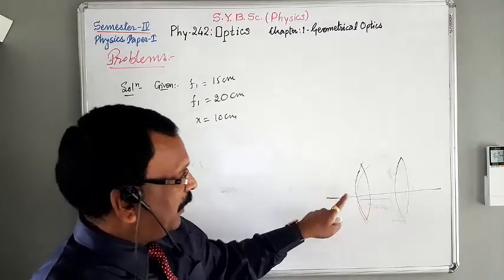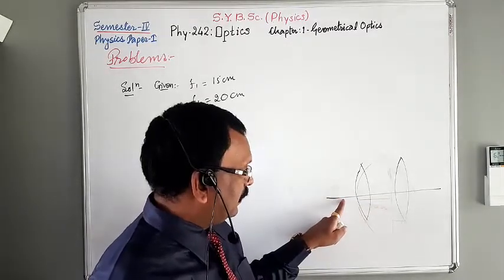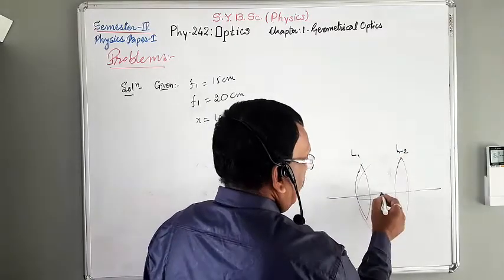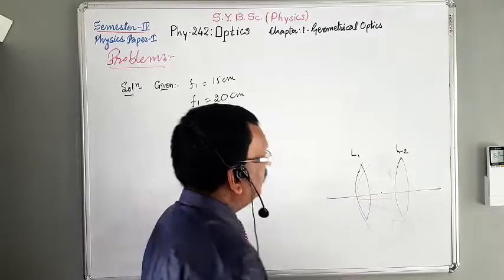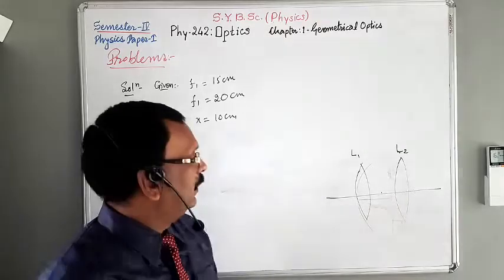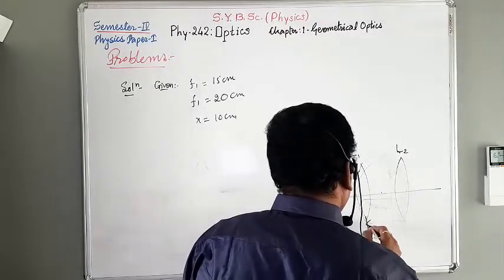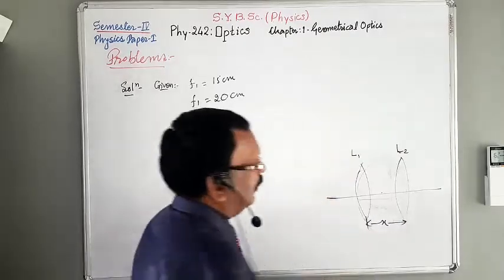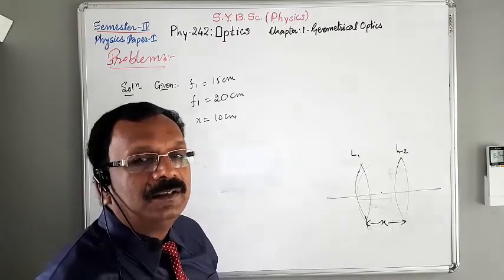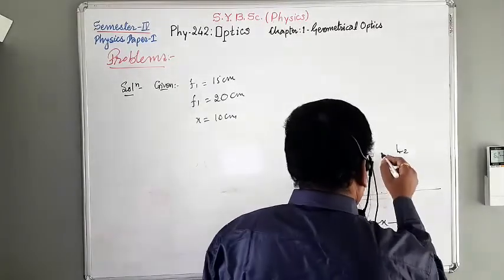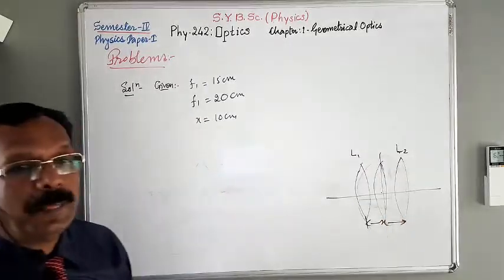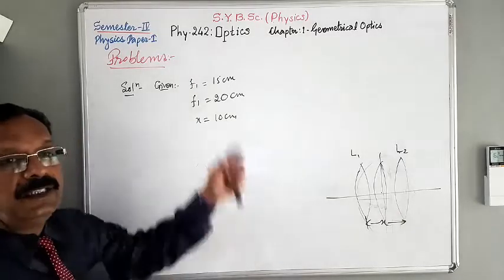That means the principal axis is the same for both lenses. The distance of separation between them is x. Now we have to find the focal length of the equivalent lens. This is the given data.